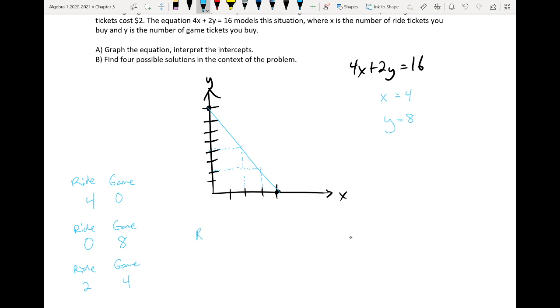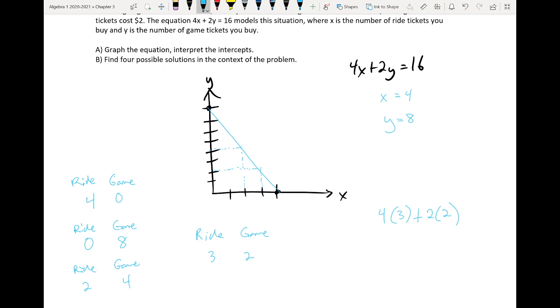Remember, ride is x, and game is y. So 4 times 3, ride is 3, plus 2 times game, which is 2.